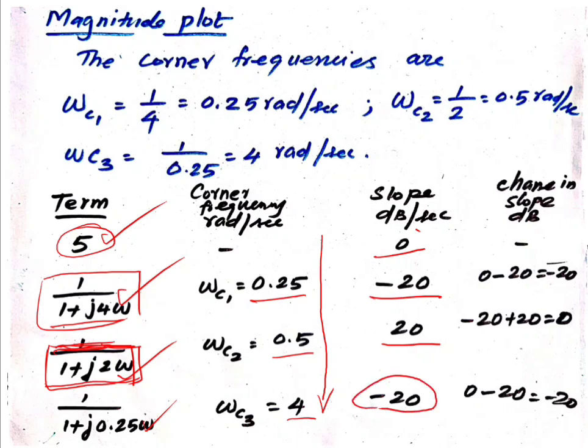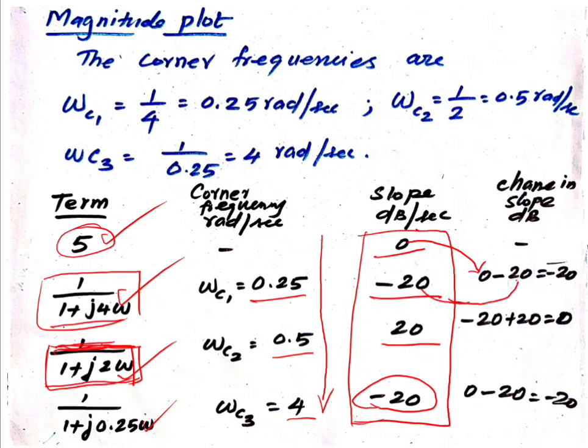Now we have to record the change in slope. When we are seeing the slope for each and every term, we find the change in slope by simply adding the subsequent one. Here the first term slope is 0, the second term slope is -20.